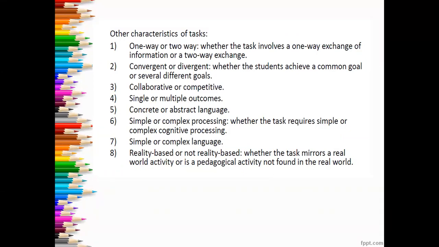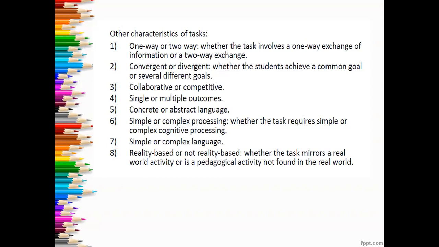Other characteristics of tasks. Number one, one-way or two-way, whether the task involves a one-way exchange of information or a two-way exchange. Number two, convergent or divergent, whether the students achieve a common goal or several different goals. Number three, collaborative or competitive. Number four, single or multiple outcomes.